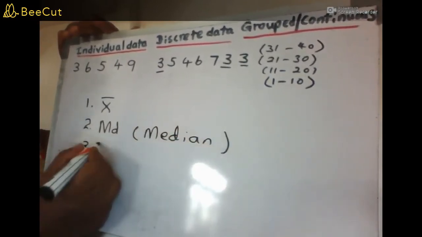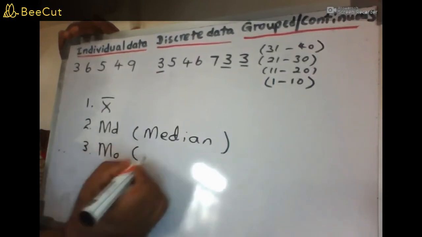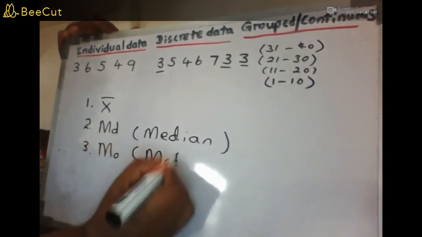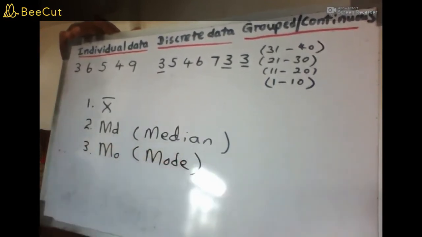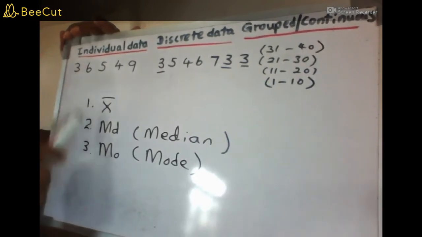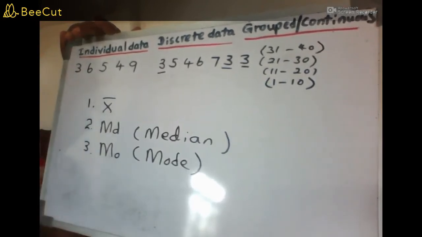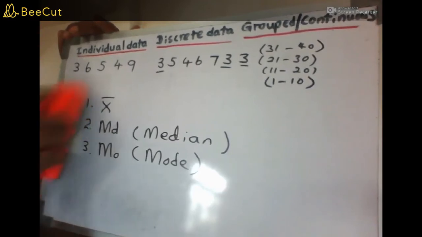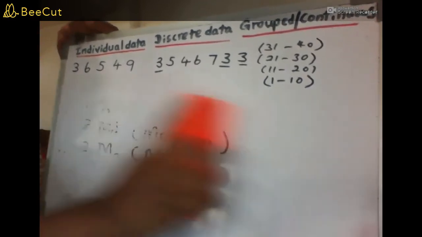Third one is mode. Right? Three central tendency measures: arithmetic mean, median, mode. First we'll calculate the x bar.